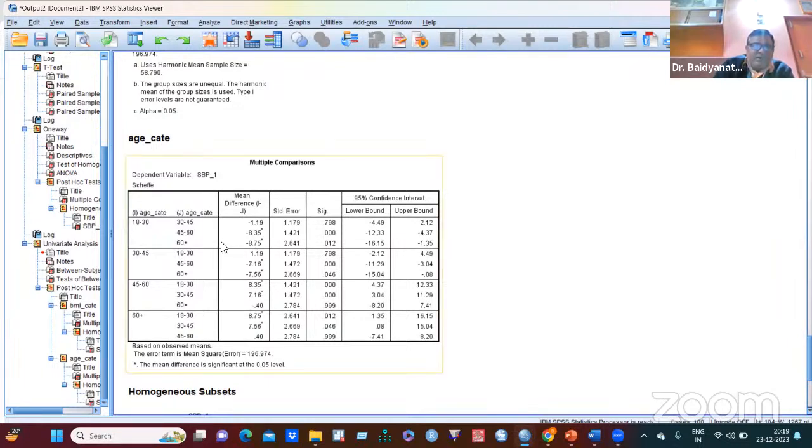All groups are equally important because here is 2, here is 2, here is 2. Suppose if it were 3 for one group, we could say that age category is most effective compared to others on the dependent variable. This is the interpretation of the two-way ANOVA.